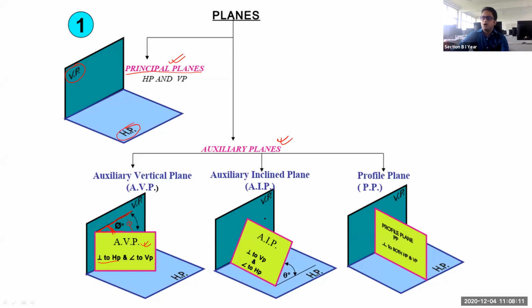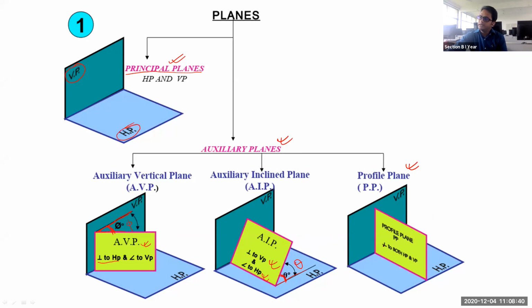Now the auxiliary inclined plane is perpendicular to the vertical plane and makes some angle with HP. This is the angle made with the horizontal plane, represented by theta. So this is your auxiliary inclined plane.